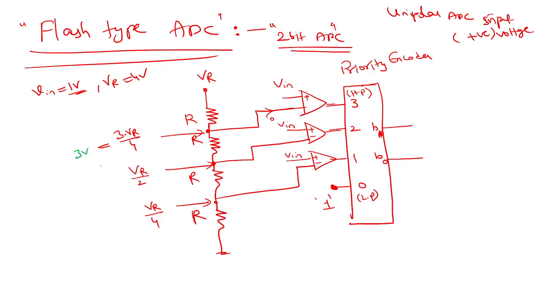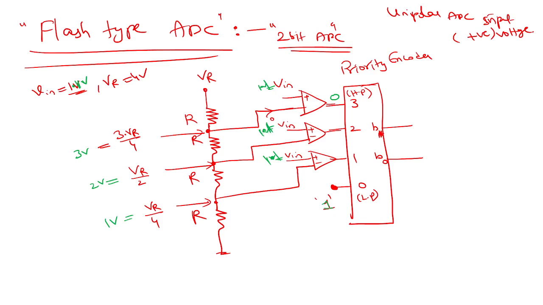Now this is 3 volt, this is 2 volt, this is 1 volt, right? Now Vin is 1 volt. Okay, so let's say 1.1 volt, not to have any ambiguity. 1.1, 1.1, 1.1. Now 1.1 is less than 3, so this will be 0.